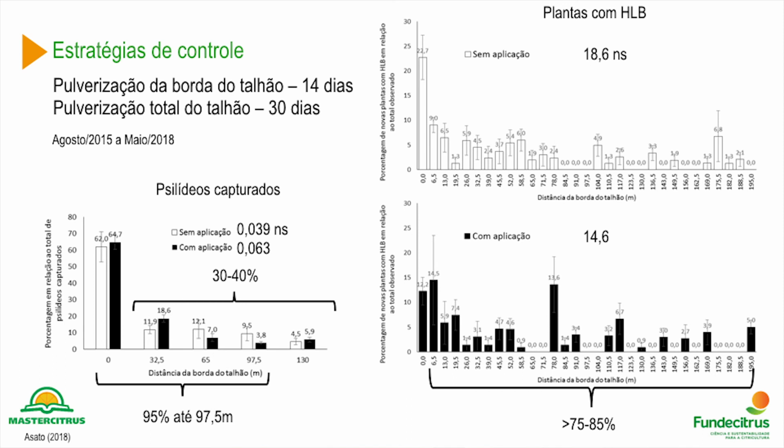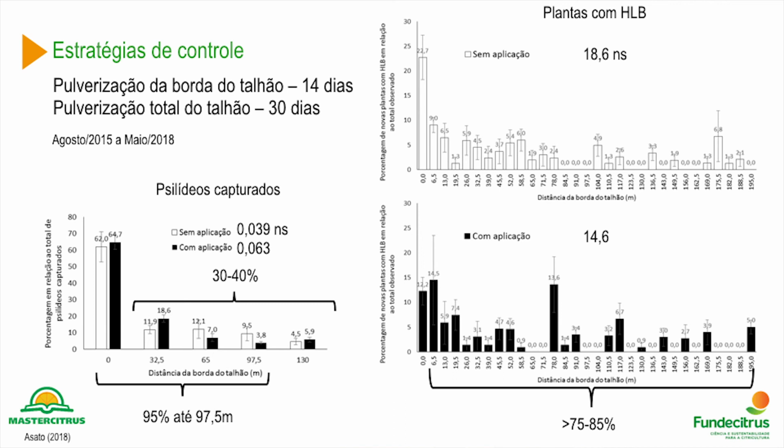And these are the results in terms of psyllids captured in the traps. Most of them, 60%, in both treatments, were captured in the first plants, but 30 to 40% of the insects captured were at distances over 30 meters up to 130 meters. That's where we had the traps set, up to 130.